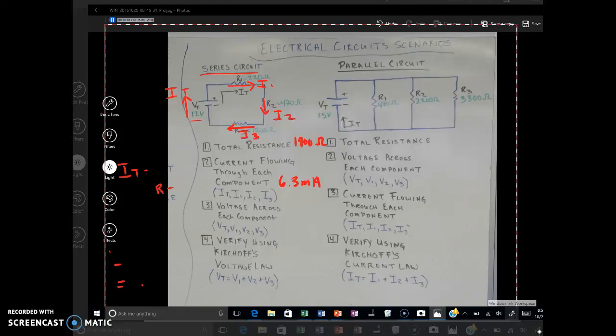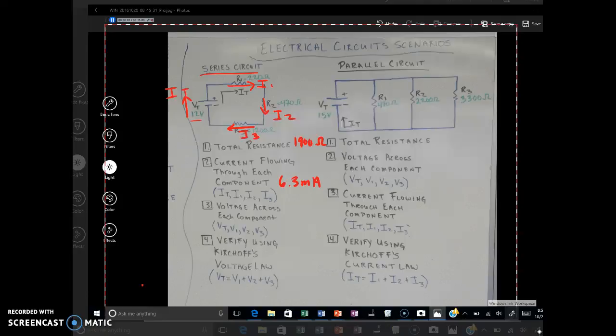All right, the next problem, number 3, asks: what is the voltage across each component? The voltage across each component is not the same as the current. We can't take the total voltage and say that's equal to the voltage across each of the different components.